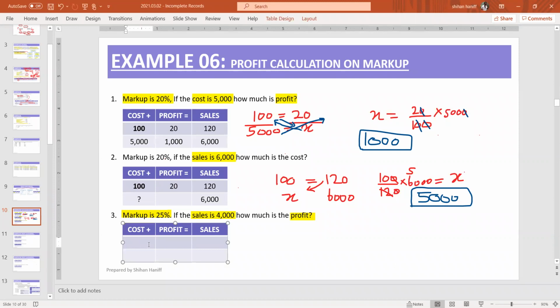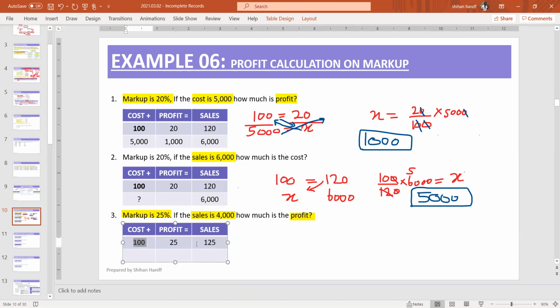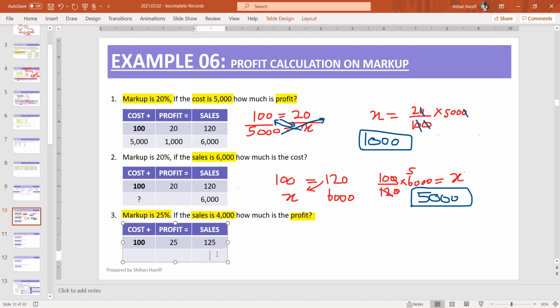Okay, so markup is 25% means cost is 100, profit is 25, sales is 125. Always first write the markup equation. Markup equation is cost 100, profit 25, sales 125. Right?